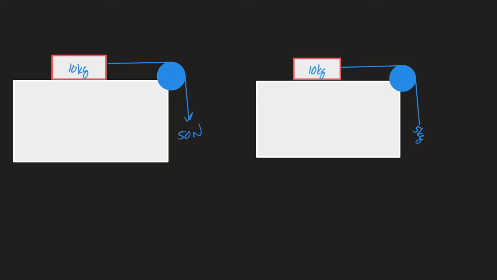All right, so back to where we were, I hope. In some of these, they have like a 10 kilogram box here, 10 kilogram box here, and they'll put a 5 kilogram box here, or say that they are pulling downwards with 50 newtons of force.